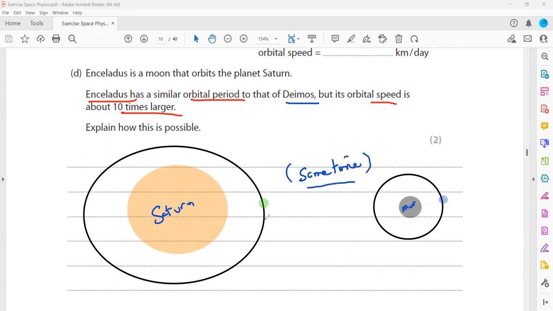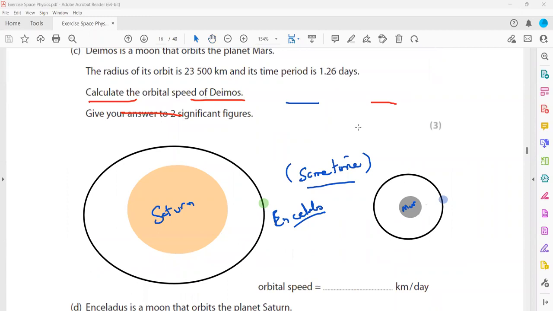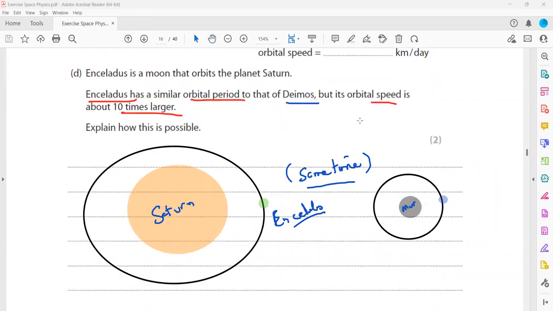Like the moon of Saturn is orbiting, taking the same time. For example, Deimos was taking 1.26 Earth days. So Enceladus is also taking the same time, which is 1.26.